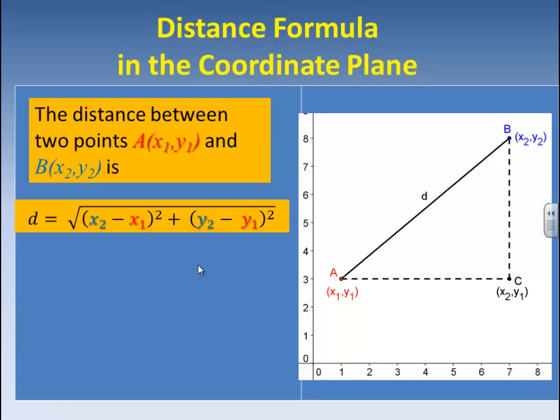Alright, so you have x2 minus x1 is this distance, and then this distance is y2 minus y1, and you see the Pythagorean theorem says this squared plus this squared square root is the hypotenuse. You remember that surely.